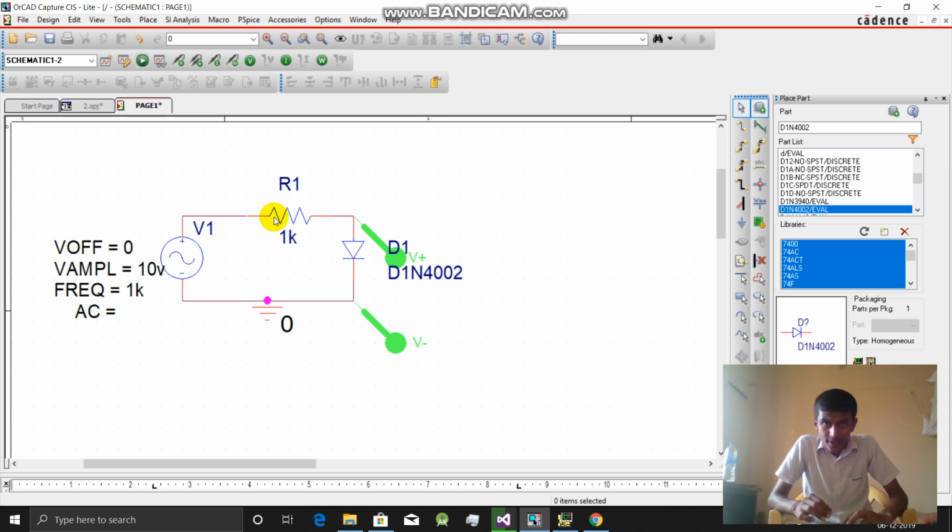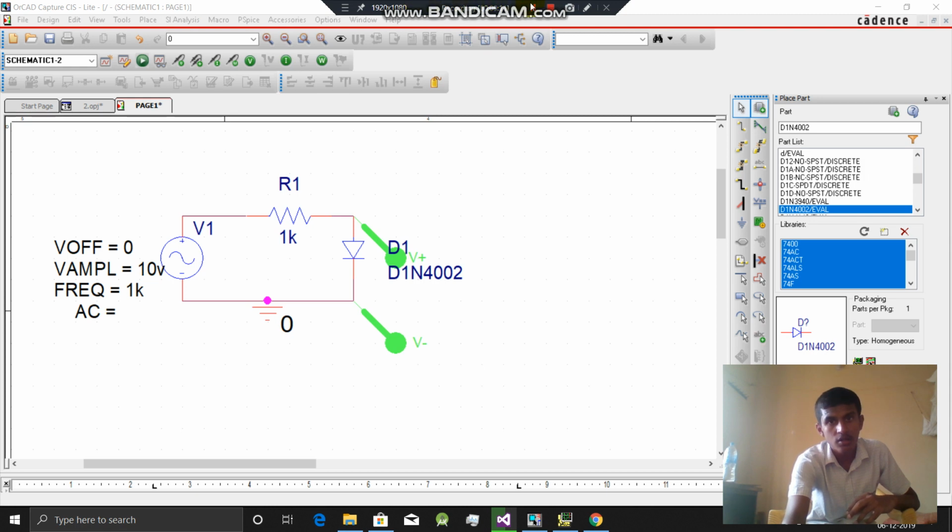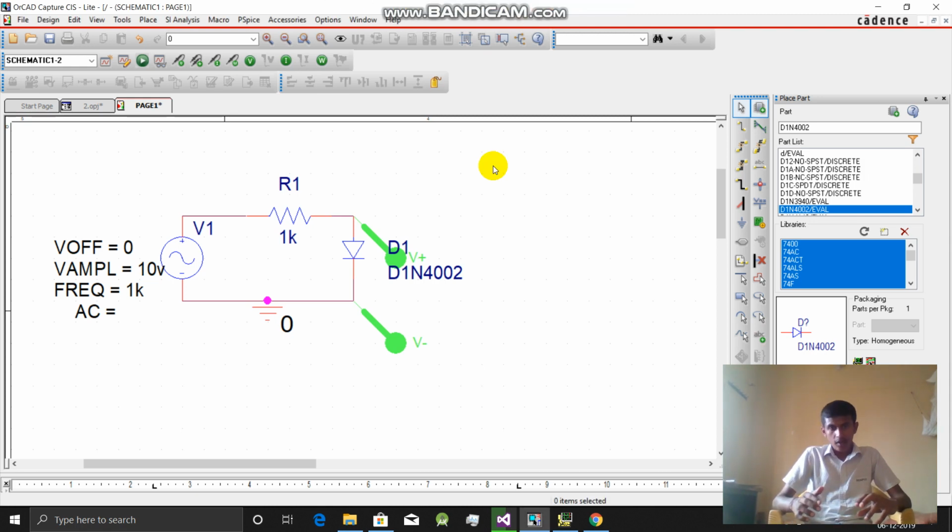Now we need to clip at some reference voltage. If we want to clip the positive voltage after 2.7 volt, since the amplitude is 10 volt, 0.7 volt is already dropped in this diode.